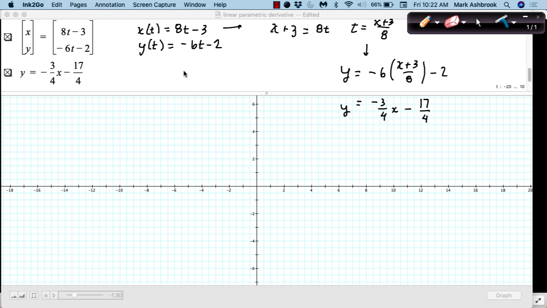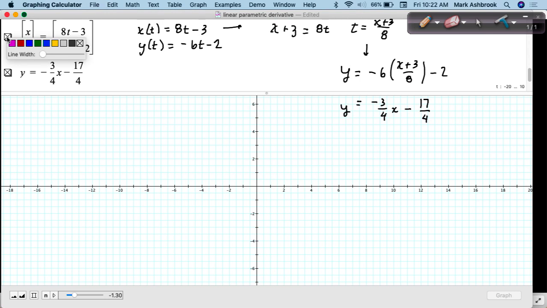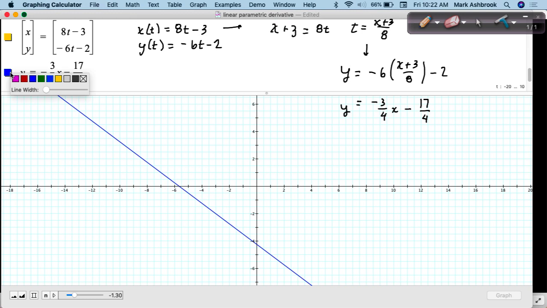So if I graph these, what will happen? If we've done the math right, we should get the same line. Does yellow show up? Yellow plus blue equals blue. Let's try yellow plus light blue. Still light blue.